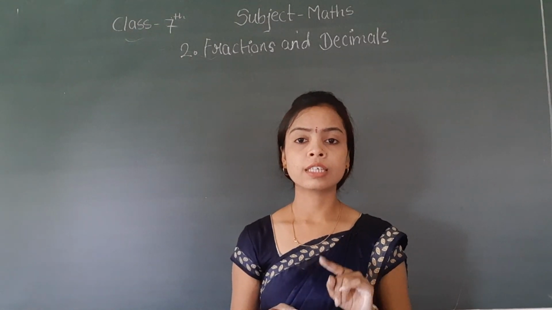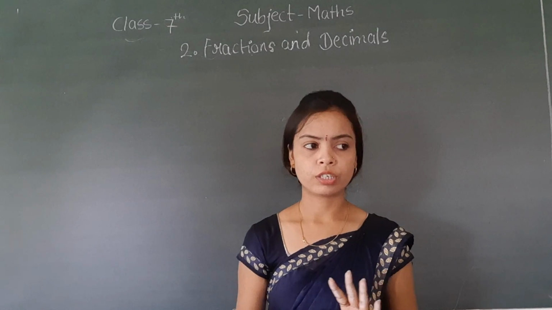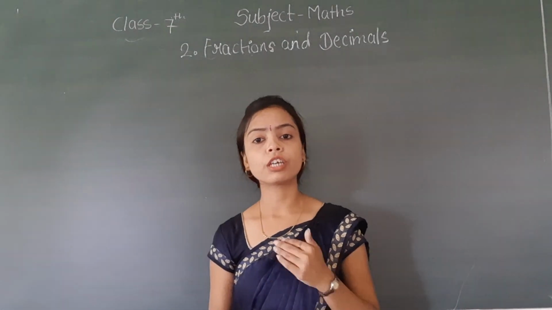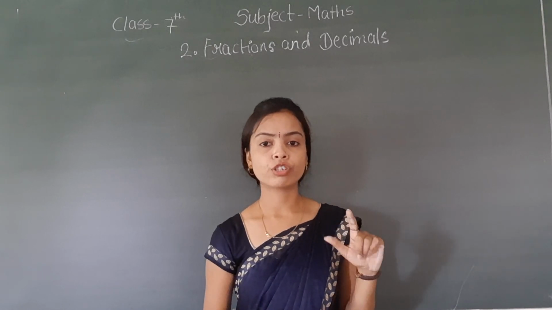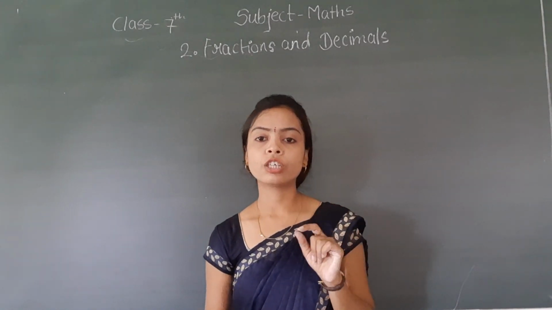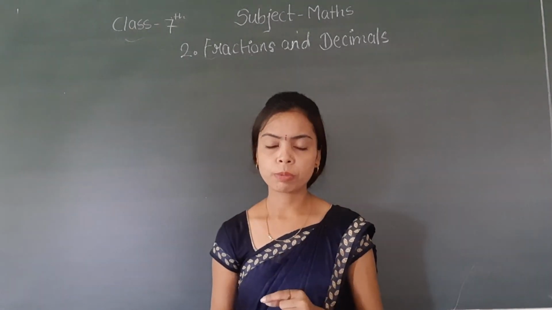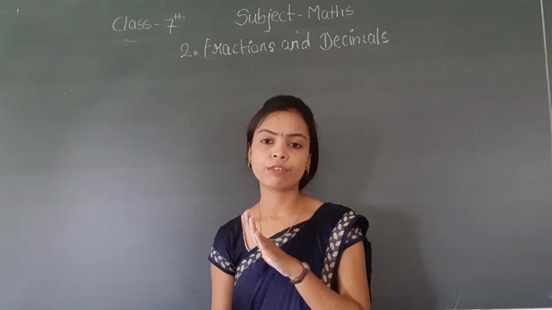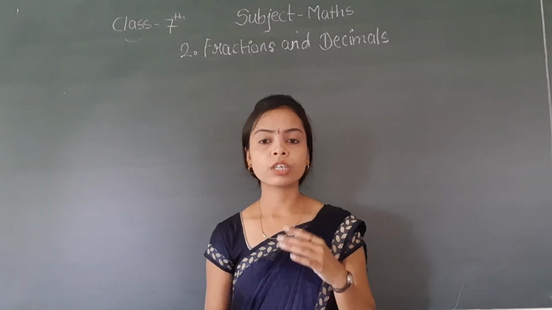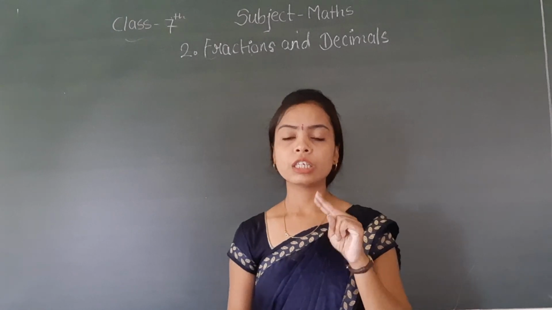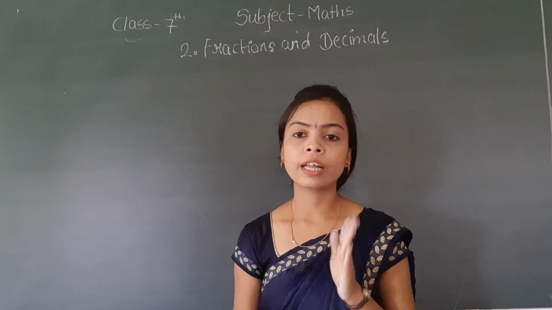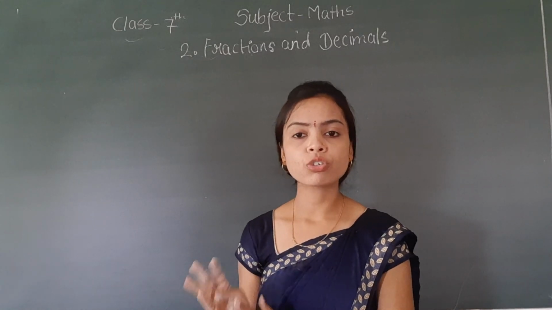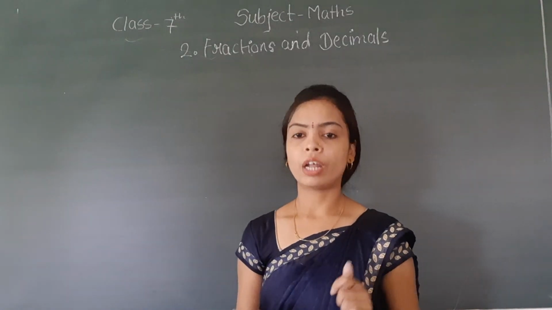After that, there is division of fractions. Division is nothing but the inverse of multiplication, in which you write your first fraction as it is, change the division symbol to the multiplication symbol, and write your second fraction's reciprocal. What is a reciprocal? If we interchange the numerator with the denominator, then the resulting form is called the reciprocal of that fraction.